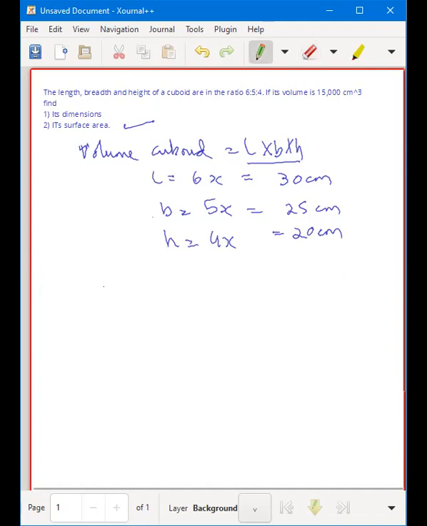You know the formula for total surface area of a cuboid? Rishima, tell me the formula for total surface area of a cuboid. Two brackets L into B plus B into H plus L into H. 2 into LB plus BH plus LH. So quickly work this out. Just remember to take care of your calculations in these problems.